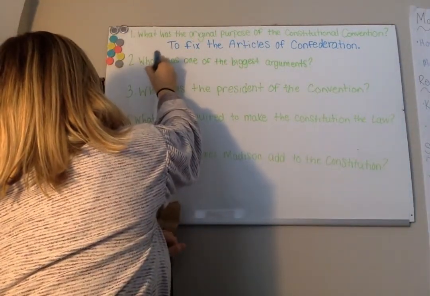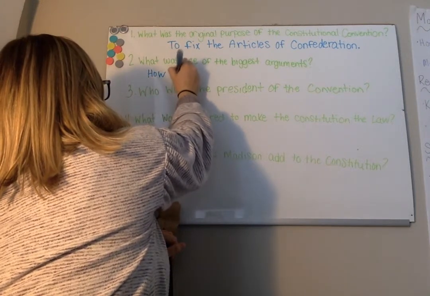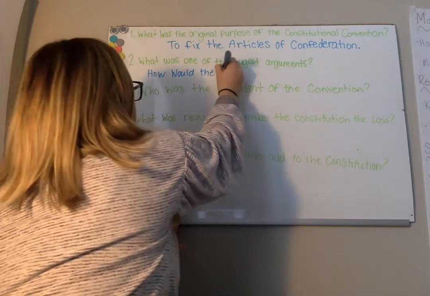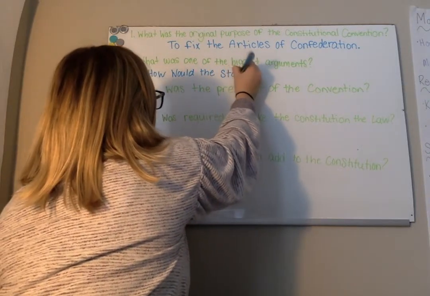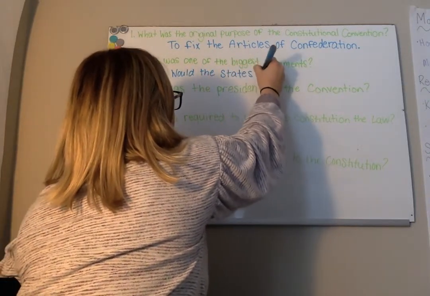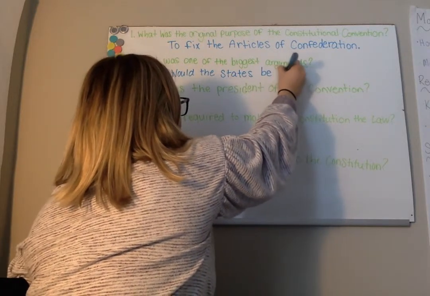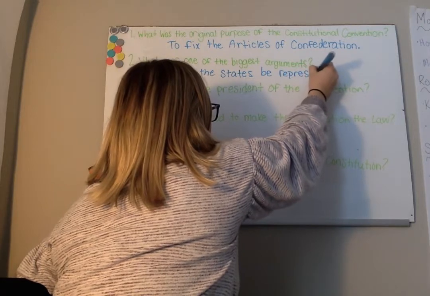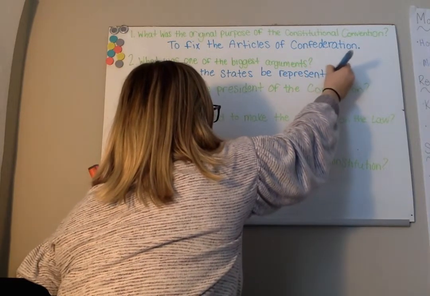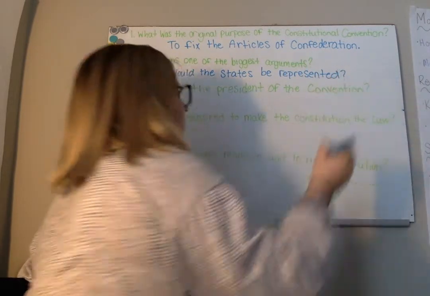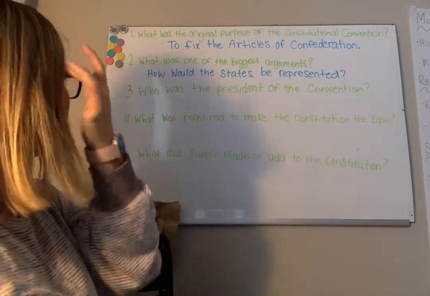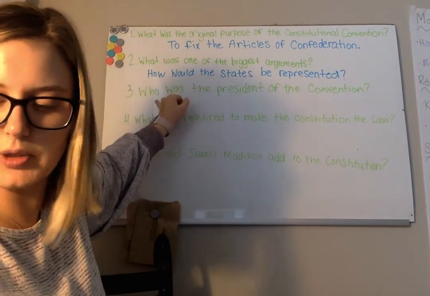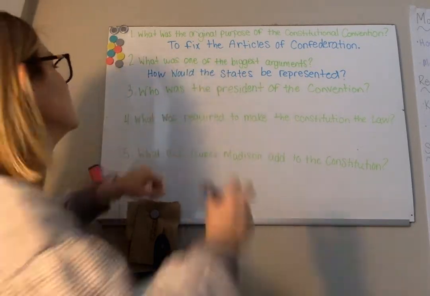How would the states be represented? Okay. And then we can also answer who was the president of the convention. The president of the convention was George Washington.